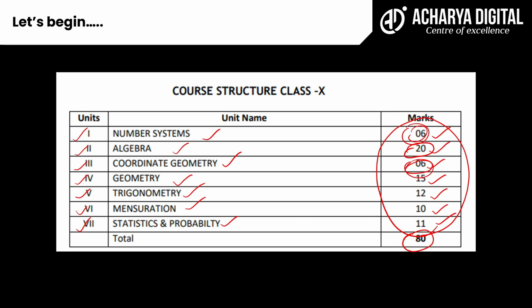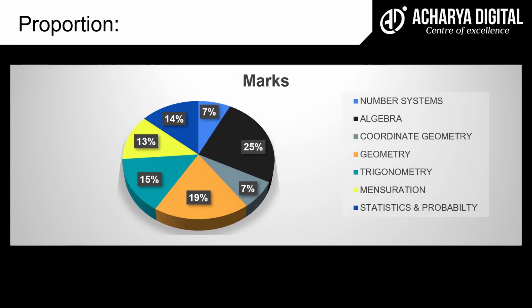Fine. You can even see how the proportion is there as per the topics. So if you observe here, maximum portion is for algebra, that is 25%. After that comes geometry, okay, 19%, and so on.